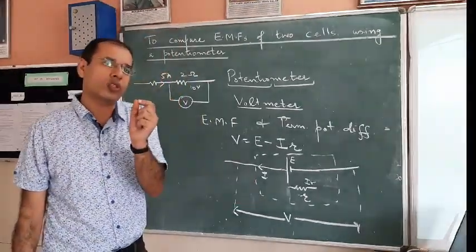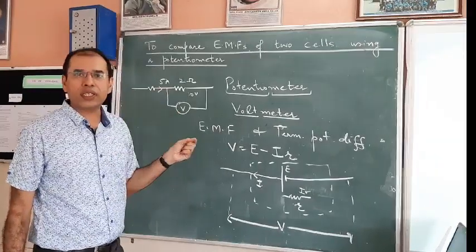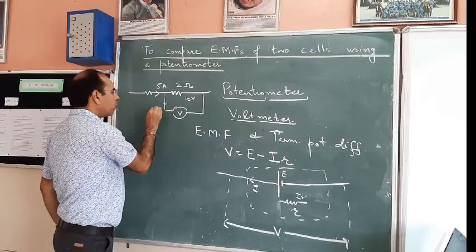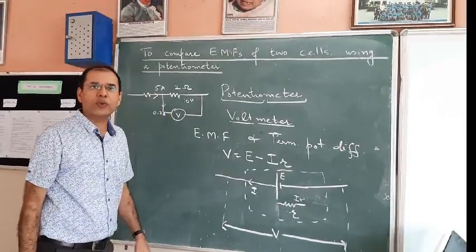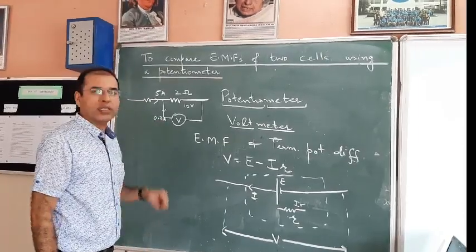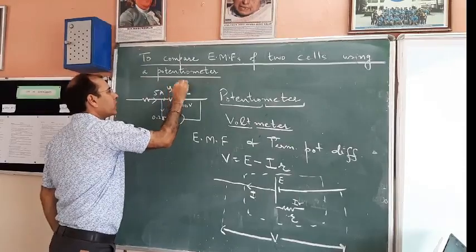It has to show some deflection, and for that, it must take some current from the circuit. Let us say that out of 5 amperes, a small amount of current, say 0.2 amperes, is drawn by this voltmeter. Then we are left with 4.8 amperes for this 2 ohms.